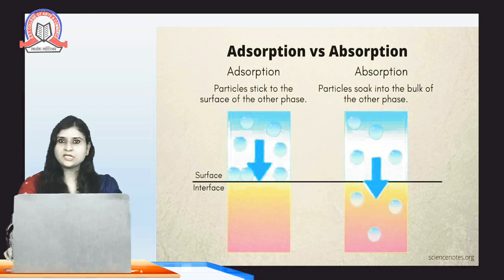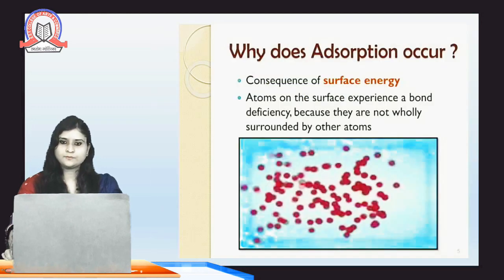So in the first diagram, molecules, atoms or ions are accumulating only on the surface. So this is adsorption. But in the second one, we can see a bulk amount of molecules, atoms or ions entering inside the surface. So it is the absorption phenomenon.